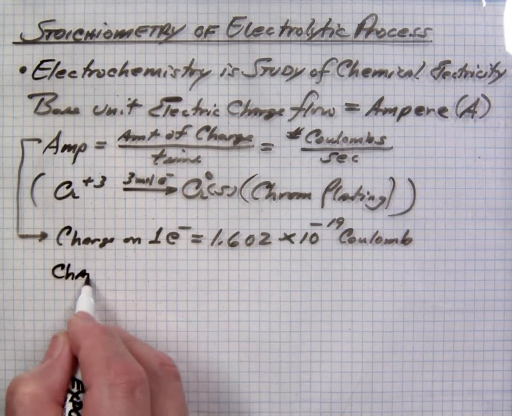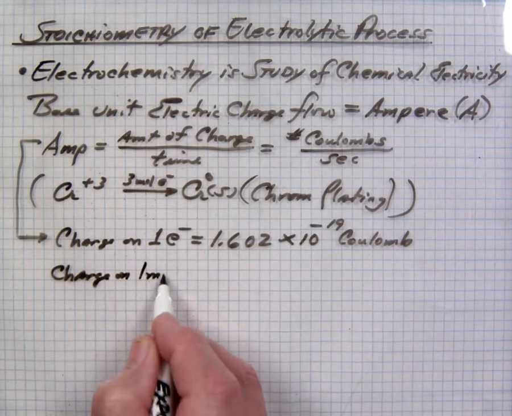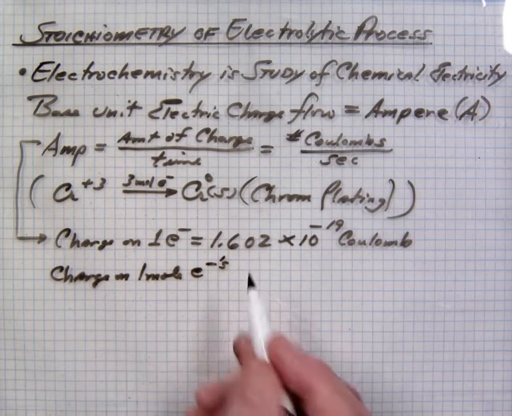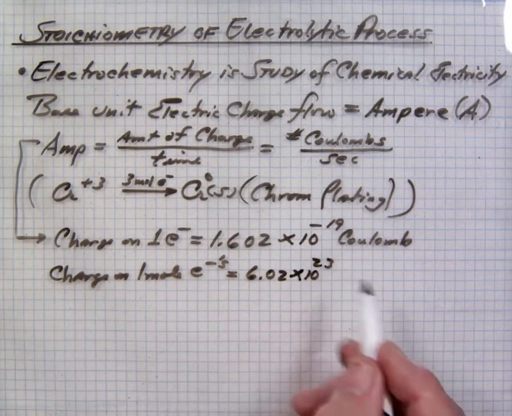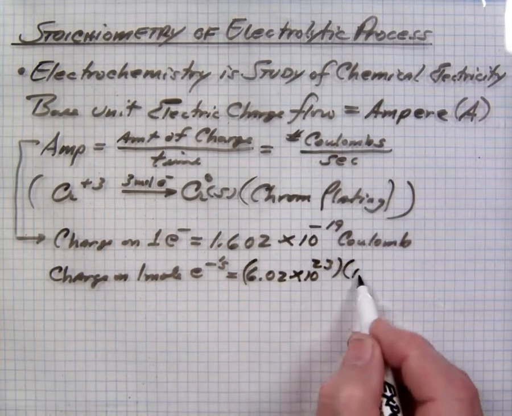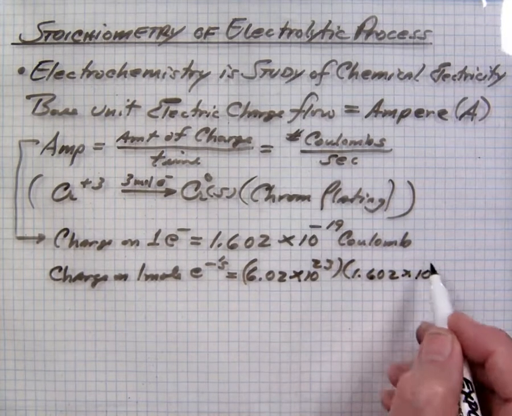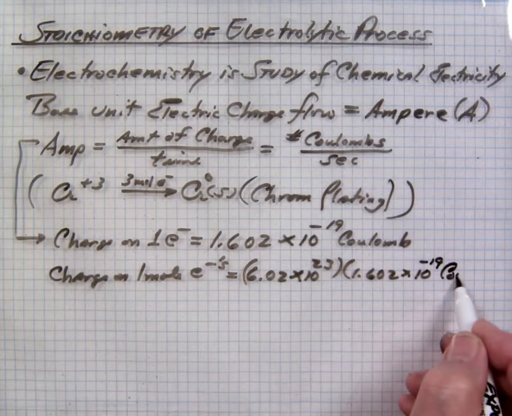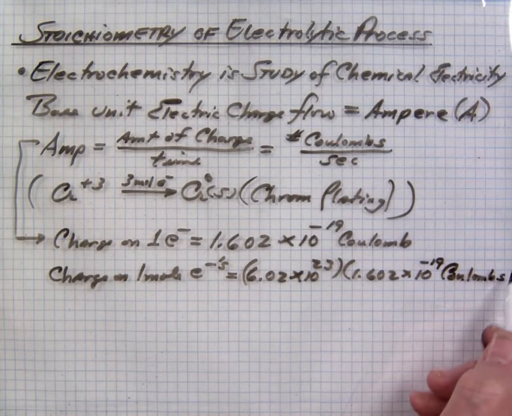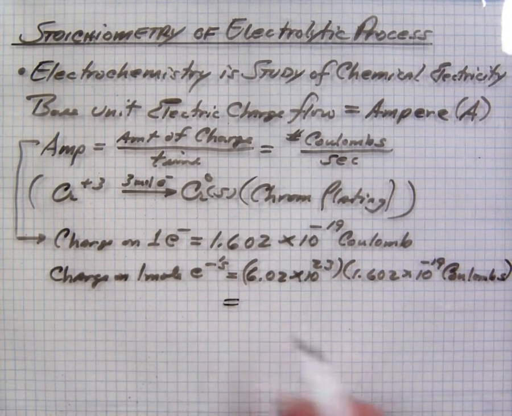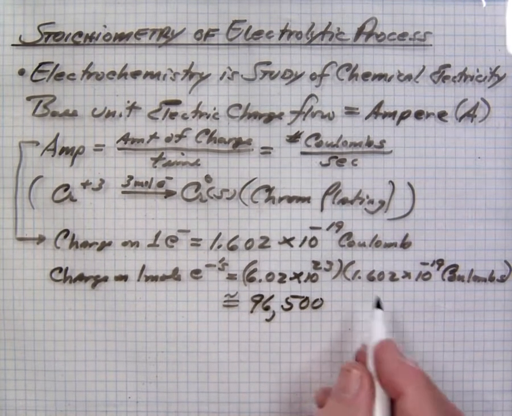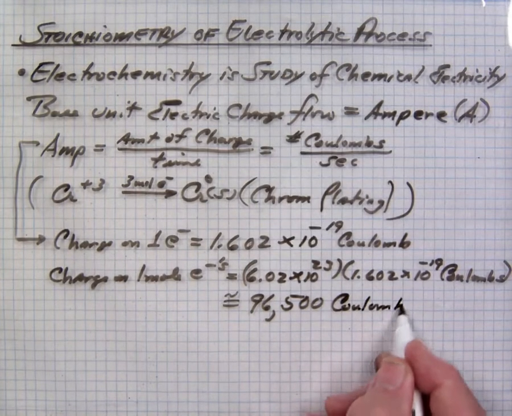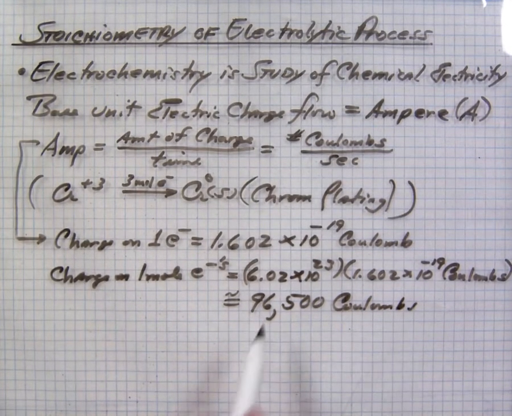The charge on 1 mole of electrons is 6.02 times 10 to the 23rd electrons times 1.602 times 10 to the minus 19th coulombs. Like that. And it turns out to be 96,500 coulombs, the amount of charge on 1 mole of electrons.